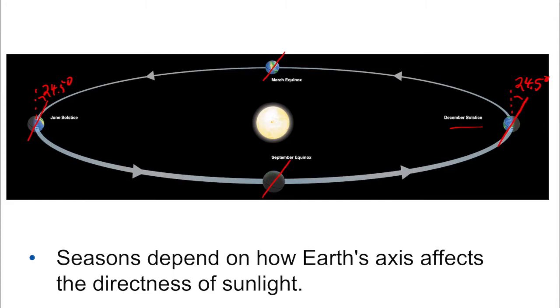The tilt has to be preserved, which means its relative angle towards the sun changes: away in December, towards in June. Which makes December winter in the northern hemisphere and June summer. When we're tilted towards the sun, it's summer, and when we're tilted away from the sun, it's winter. Make sense? For the northern hemisphere.